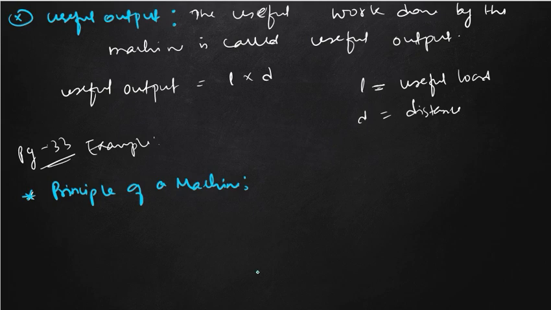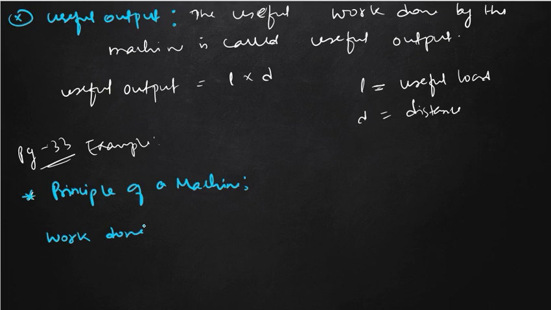So using the principle of a machine, we got one formula. Remember, in input I said work done on the machine, and there is another term, work done by the machine. The energy supplied to the machine is the work done on the machine, and the total work done by the machine is the energy given by the machine, the output.